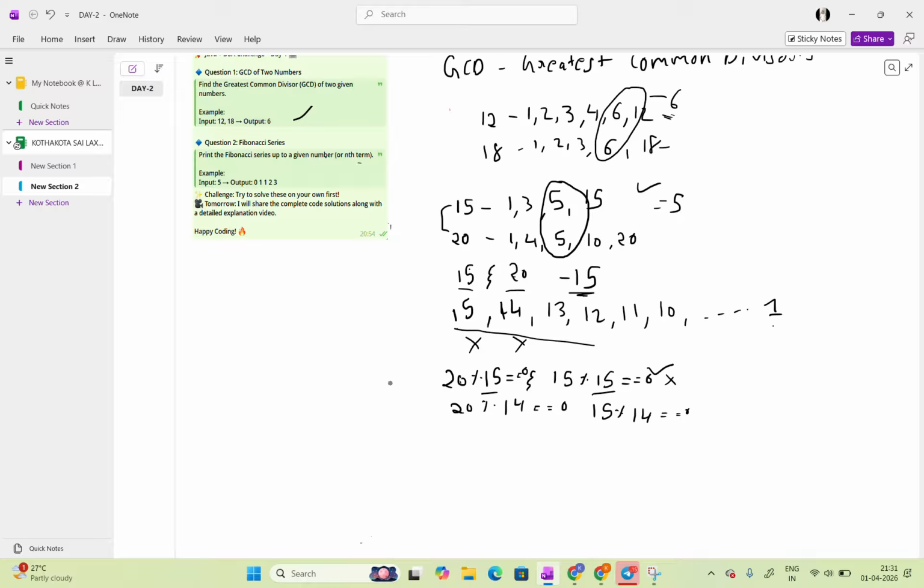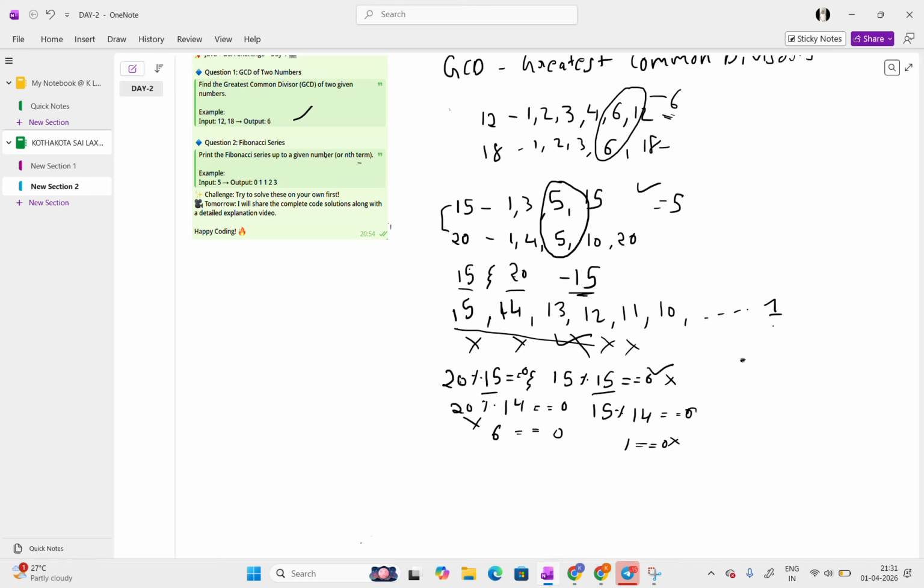Why? 20 modulo 14, what are we getting? 6 we are getting. Here we are getting 1. It should be equal to 0. So 6 double equal to 0? No, it's not satisfying the condition. Similarly, 15 modulo 14 is 1, double equal to 0? No. Similarly, 13 also won't satisfy, 12 also won't satisfy, 11 also won't satisfy.